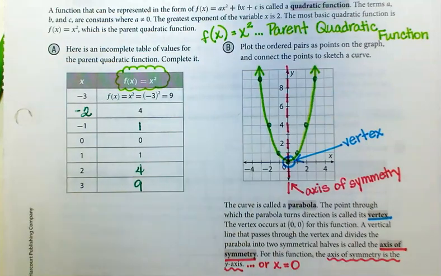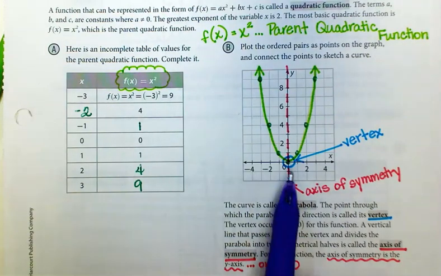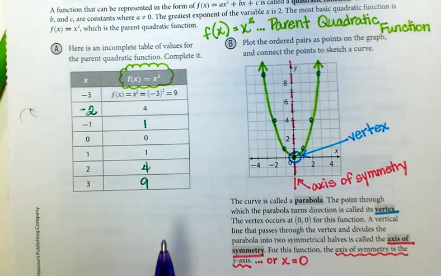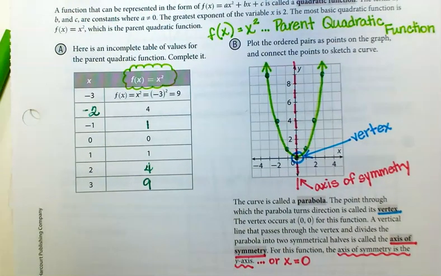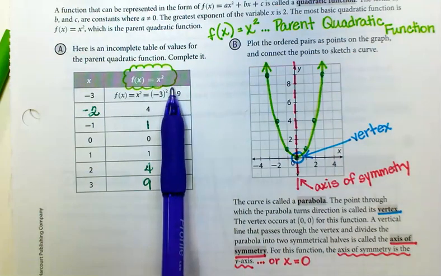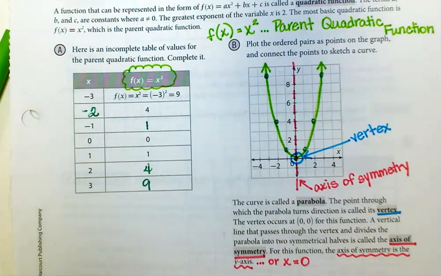In this particular case, for the parent function, there is only one solution because there's only one place that this parabola hits the x-axis, and it's at the vertex. Okay, what exactly those are going to be, where's the vertex, where's the axis of symmetry, what are the solutions or zeros, those are going to depend on the format of the quadratic equation that you're given.